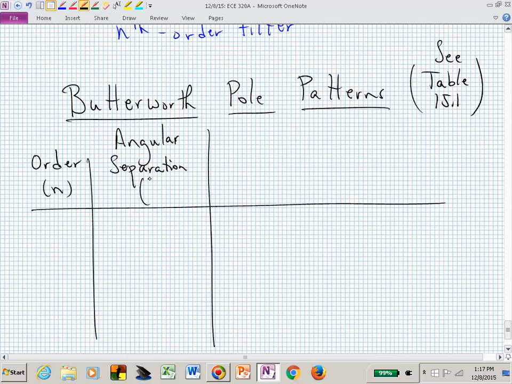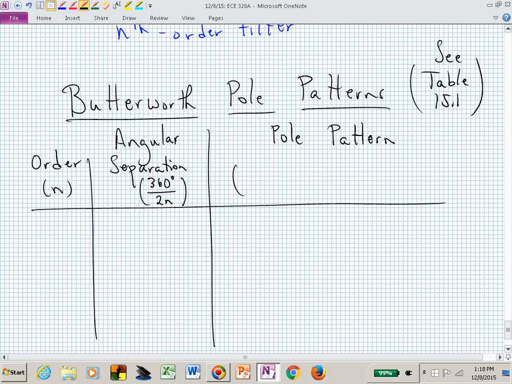By this, I mean we're going to split our circle that has a radius of 1 into that many pieces, 360 divided by 2n, which means that once we've separated these poles, we can actually look at their pole pattern in the complex S-plane, and this will actually give us poles in the right half plane.